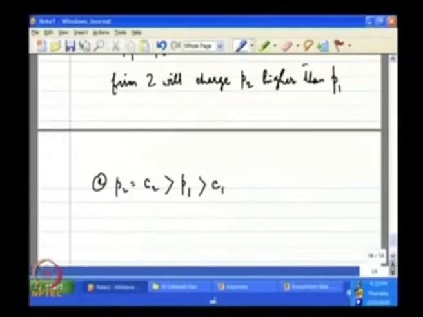Now, this is also not a Nash equilibrium, because in this case firm 1 will deviate and charge a higher price.